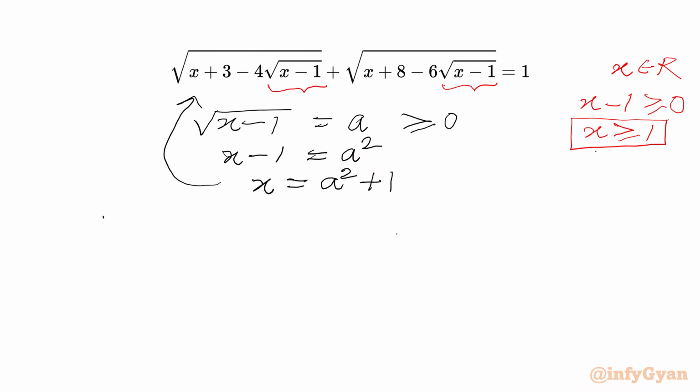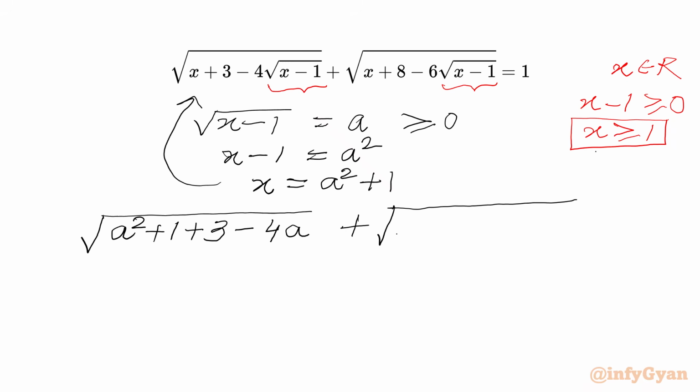We will write our equation: square root of x is a squared plus 1, then plus 3, then minus 4 times square root of x minus 1, which is a, plus square root of x is a squared plus 1, we have 8 minus 6a, equal to 1.